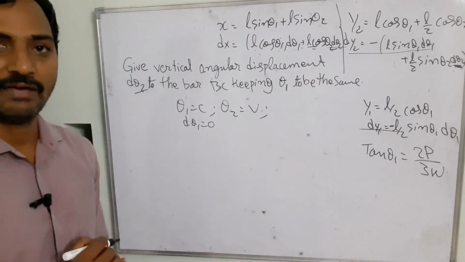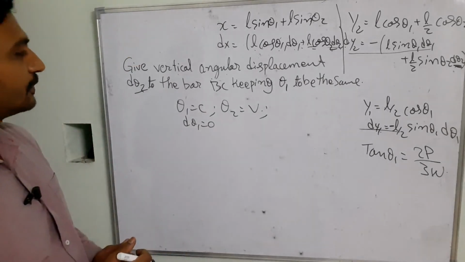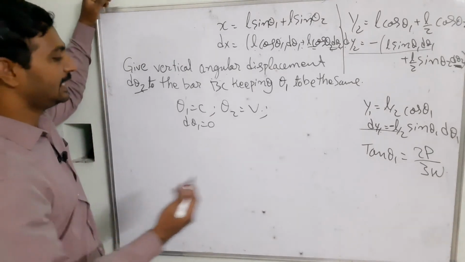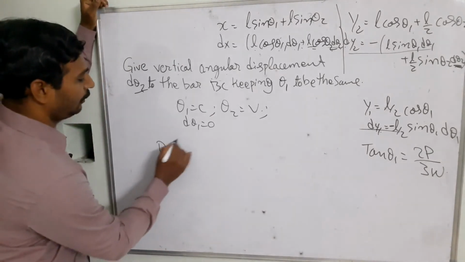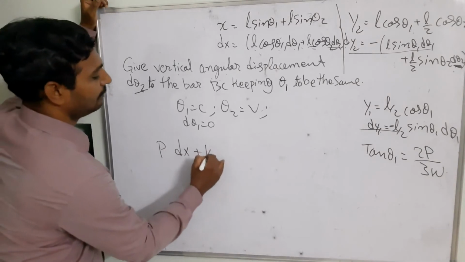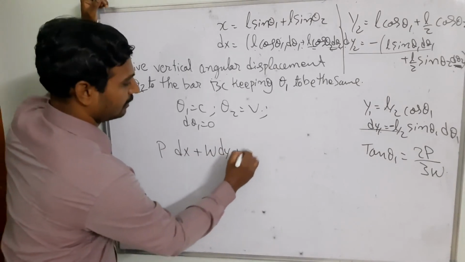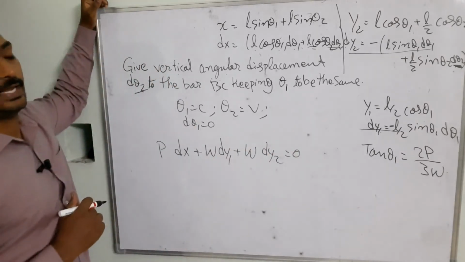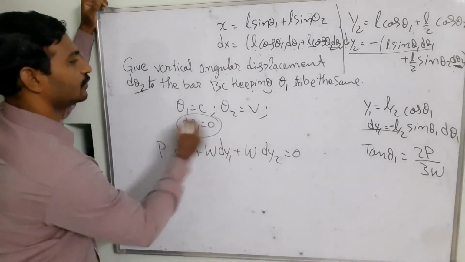Then I apply the principle of virtual work: P into dx plus W into dy1 plus W into dy2, these are the displacements. But in this case, d theta 1 is 0.